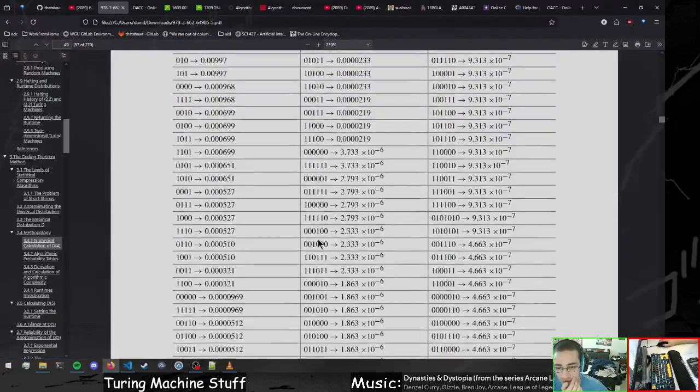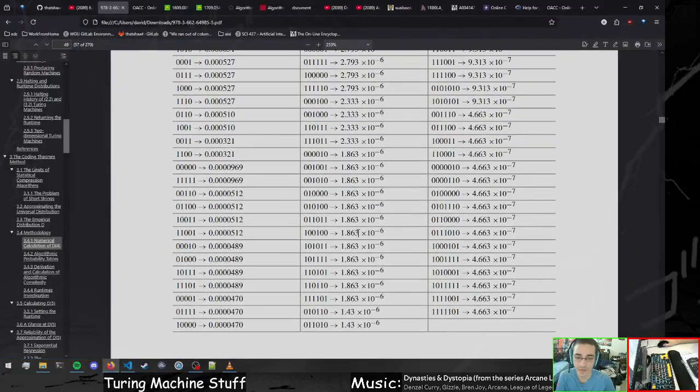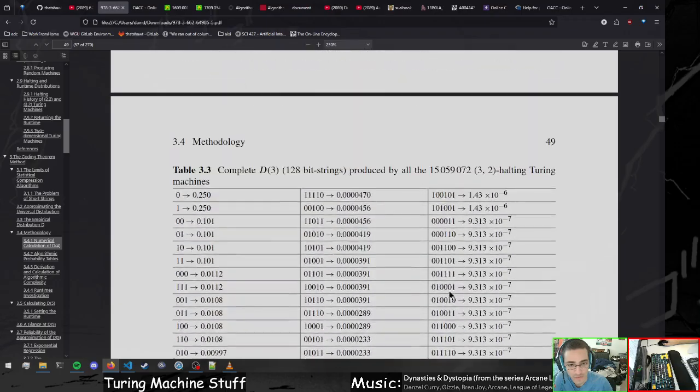Let me check. This would only be a problem if we didn't have the same number of strings. So what do they say? 128-bit strings?